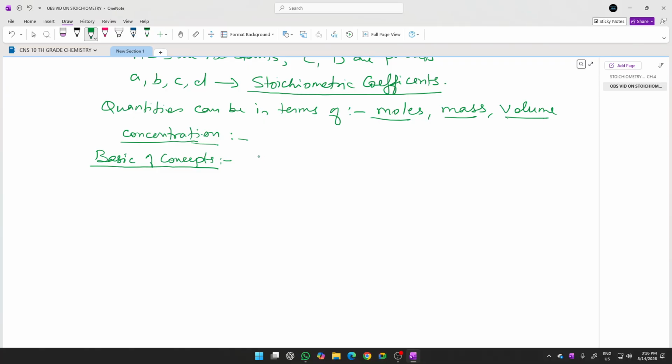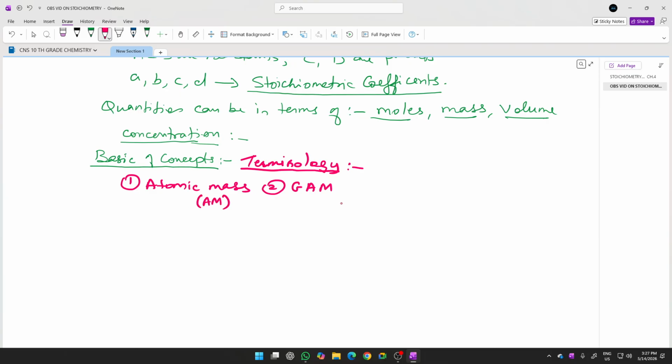In these basic concepts, first you should know the meaning of these terms, the terminology. Number one, atomic mass. You should know very well what is the meaning of atomic mass. Second is gram atomic mass, GAM, and atomic mass, AM.